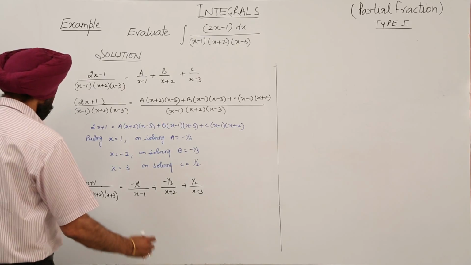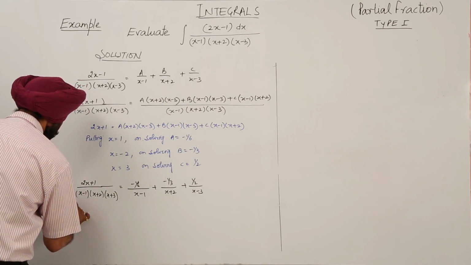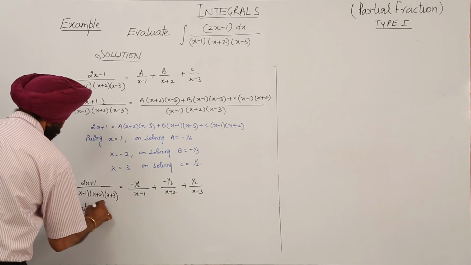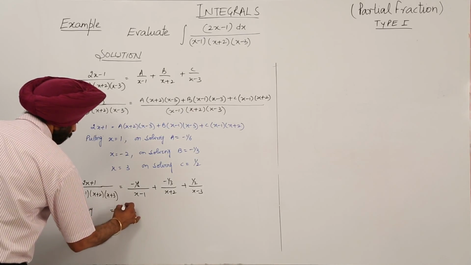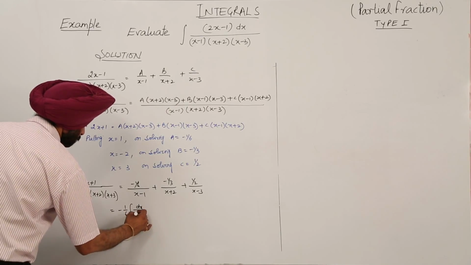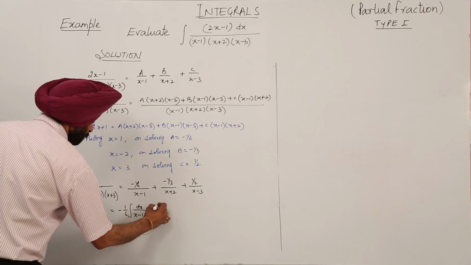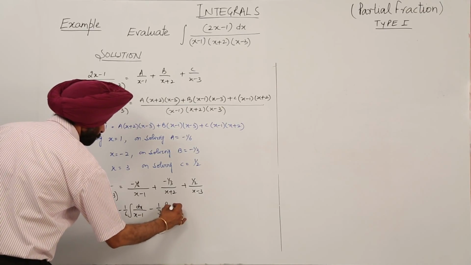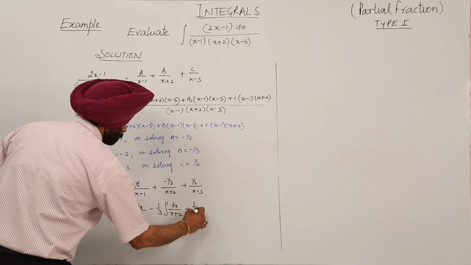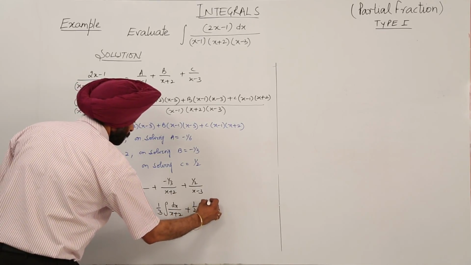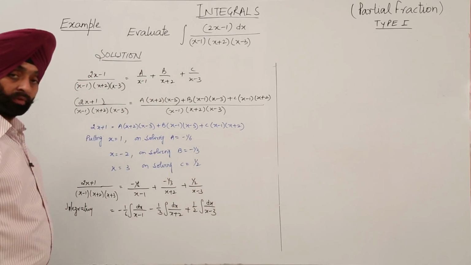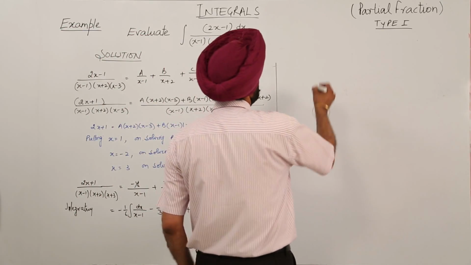Okay. Now integration. Integrating, what we are having? Minus 1 by 6 dx of x minus 1, minus 1 by 3 dx of x plus 2, plus 1 by 2 dx of x minus 3. Is it clear? Now what will the answer be?